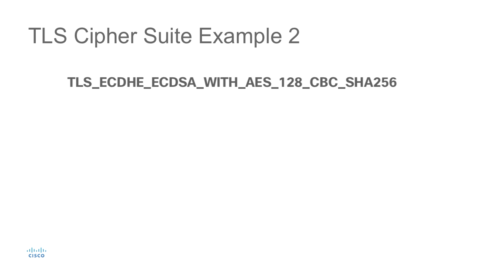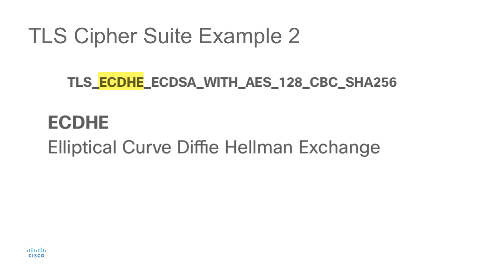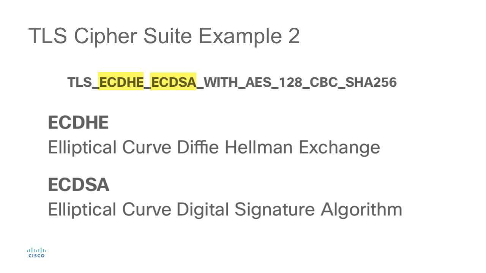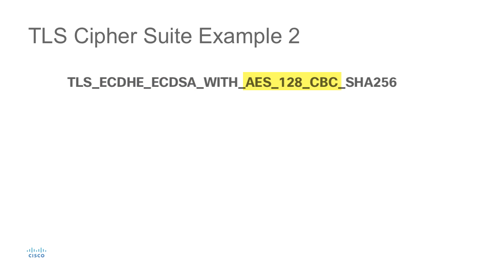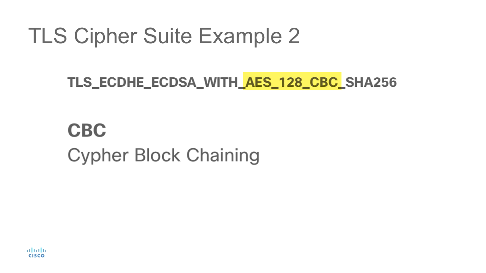Let's take a look at another. This is our second example. This is TLS ECDHE ECDSA with AES 128 CBC SHA-256. Again, we see that it's a Diffie-Hellman key exchange and a digital signature authentication. We see that we are using AES with Cipher Block Chaining. We've already learned about our ciphers and understand that Cipher Block Chaining uses a piece of one block to generate the key material for the next block.